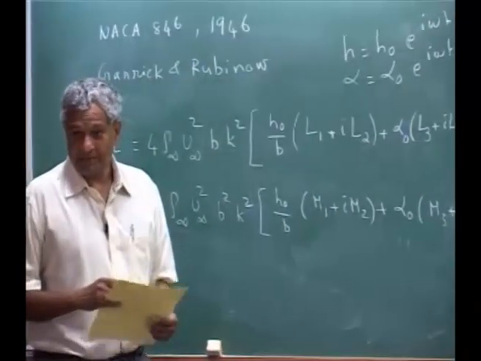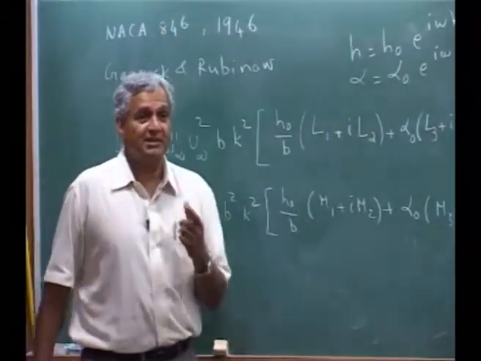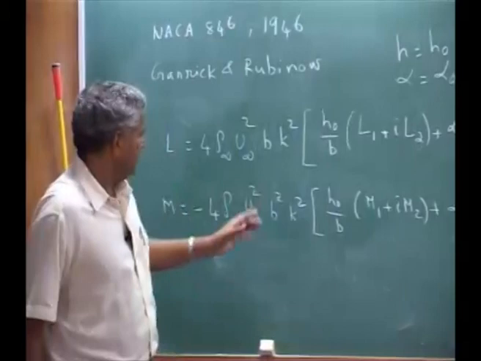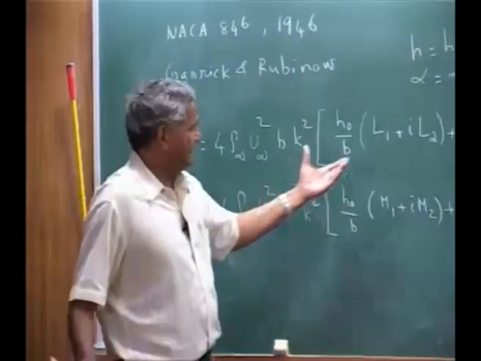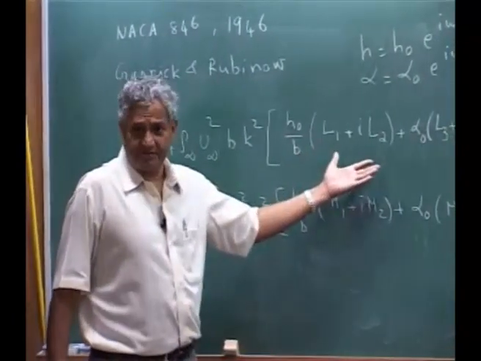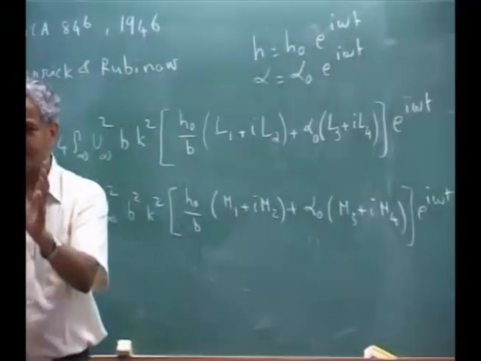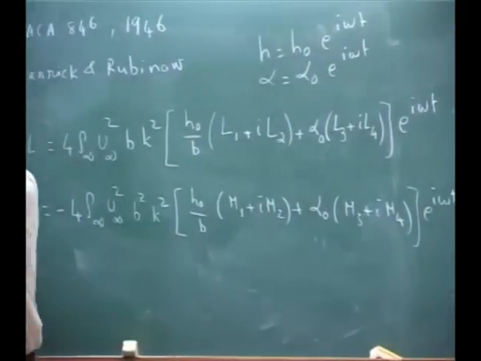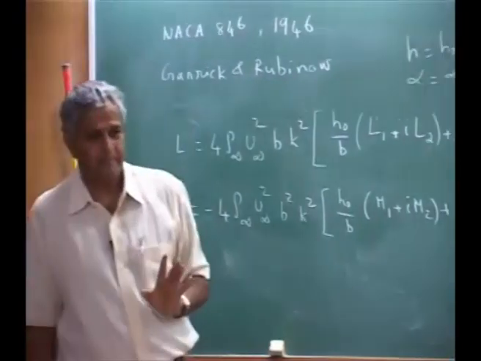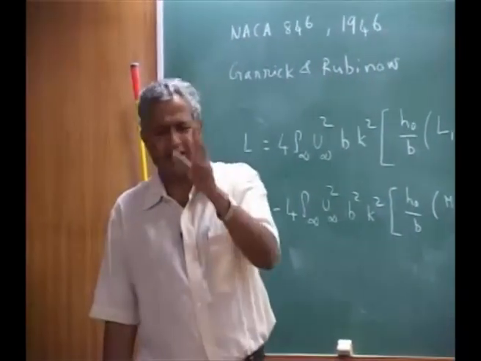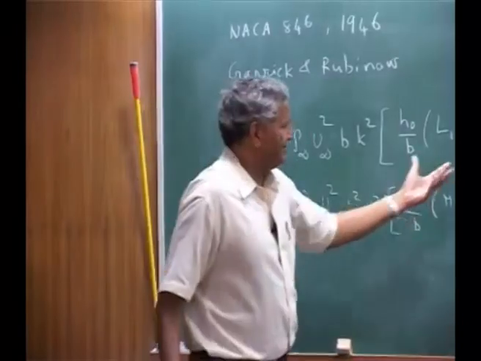Number one, the complex number essentially represents, complex number means what? It has a magnitude, it has a phase. Because you can write the entire thing as some magnitude into e power i phi, some phase angle.